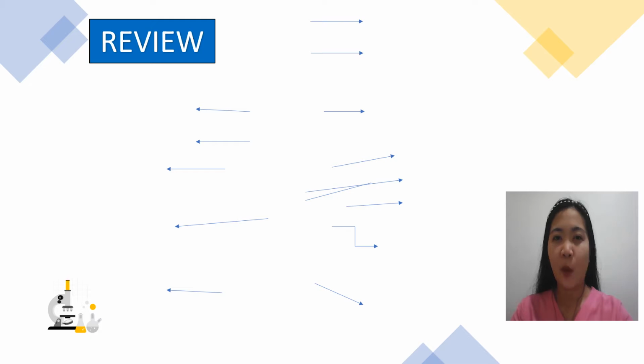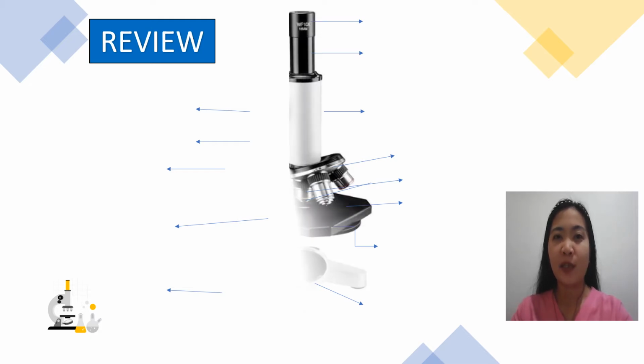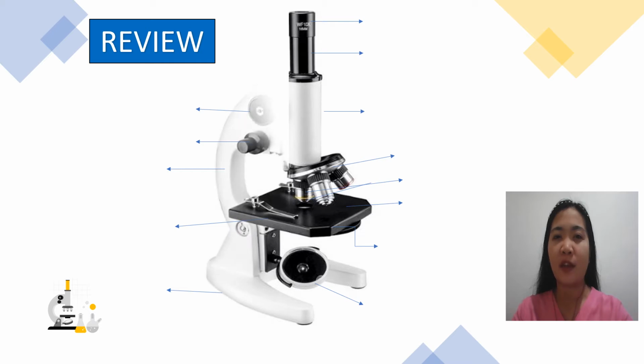Before we study focusing specimens using a compound microscope, let us try to recall the different parts of it while looking at this diagram. Can you still remember the parts of the microscope? Yes, you are correct.